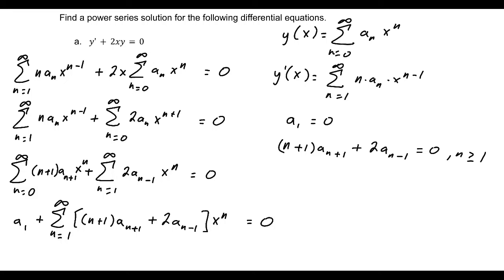Now that's actually a recursive relationship, so we can start evaluating for specific values of n to find out what some of our coefficients are. But we need to hold on to that a sub 1 is equal to 0. Now let me just rearrange this recursive relationship to say that a sub n plus 1 is equal to negative 2 times a sub n minus 1, over the quantity n plus 1.